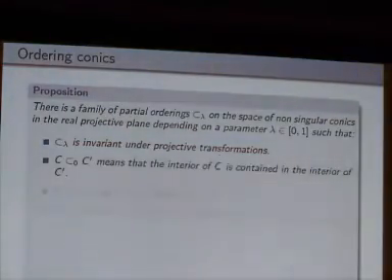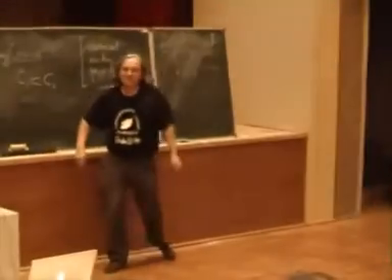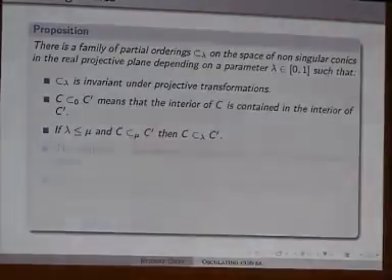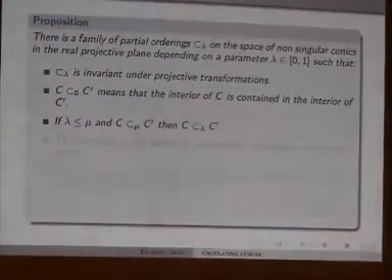1, it is invariant under projective transformations. 2, when lambda is 0, it is nothing more than this simple-minded relation. 3, when lambda increases, the relation becomes stronger and stronger.